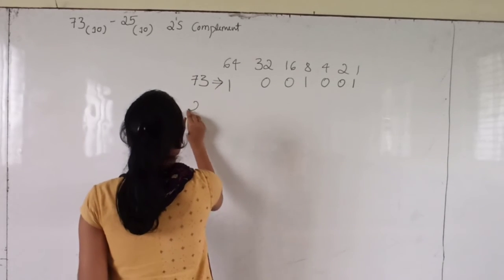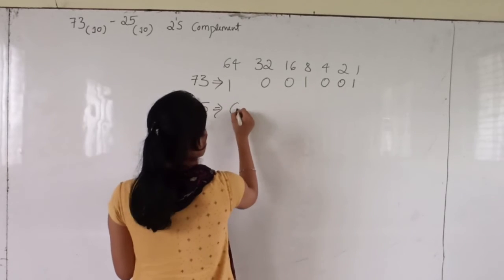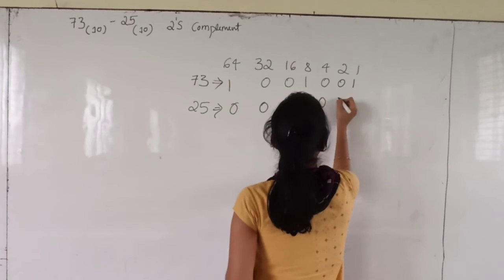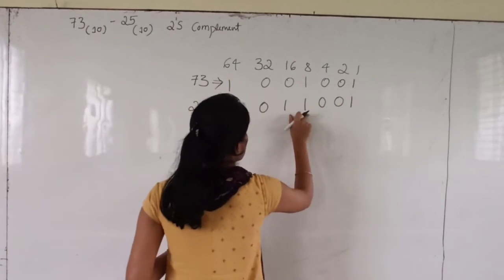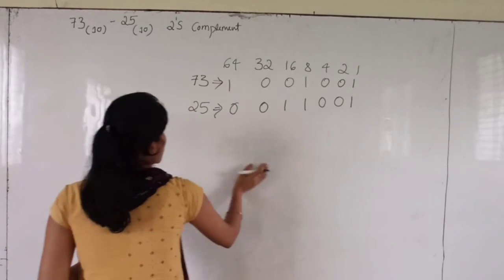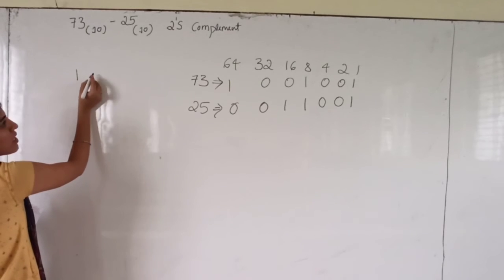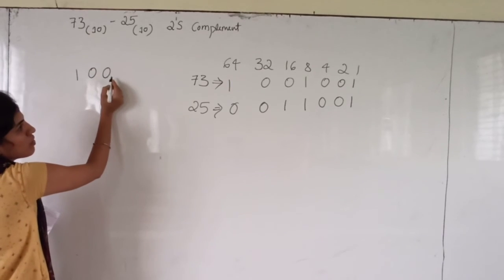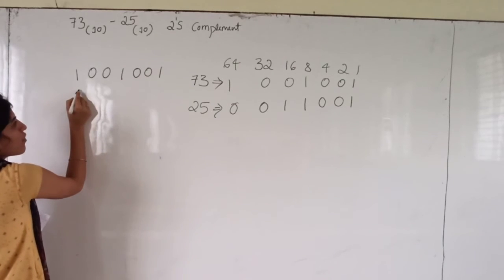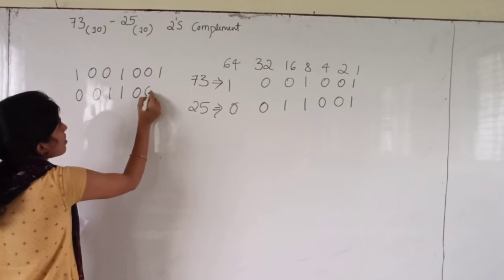And for 25, 16 plus 8 is 24, plus 1 is 25. So 73 is 1001001 and 25 is 0011001.